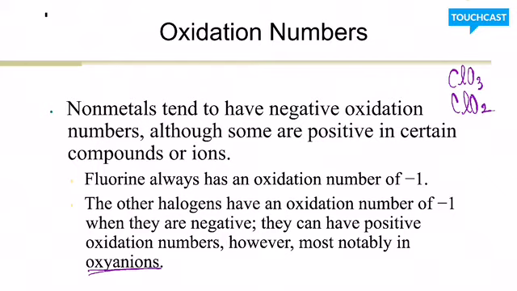Those are ions that have a negative charge and are considered oxyanions. So whenever you have an oxyanion, you need to assign your oxygen the -2 charge. Okay, the oxygen will have the -2. And then the halogen or the other nonmetal attached to your oxyanion, so the polyatomic ion, these are the ones that could potentially actually have a positive charge.